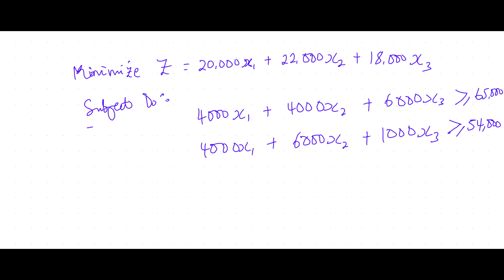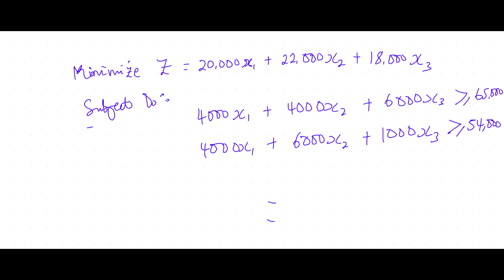Then we'll say that X1 is less than 7, X2 less than 7, X3 less than 7, and also X1, X2, X3 greater than or equal to 0.